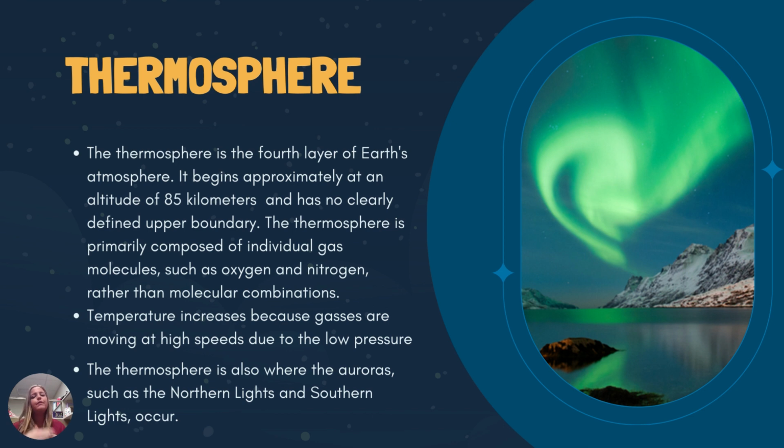So as you move away from Earth's surface, the pressure moves lower and lower. So as you get to the thermosphere, the pressure is so low that particles are really far apart and can move a lot faster. And so we see a temperature increase there as it goes from that medium pressure to that lower pressure. This is also where you can see the northern lights or the aurora borealis. And there's a beautiful picture of them right there.